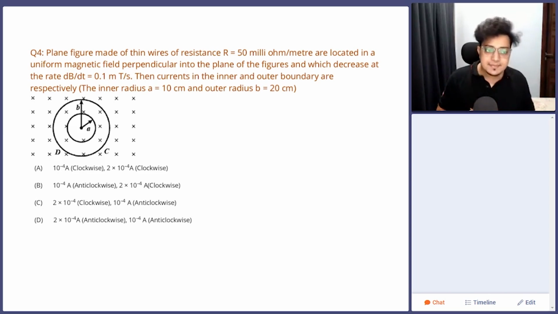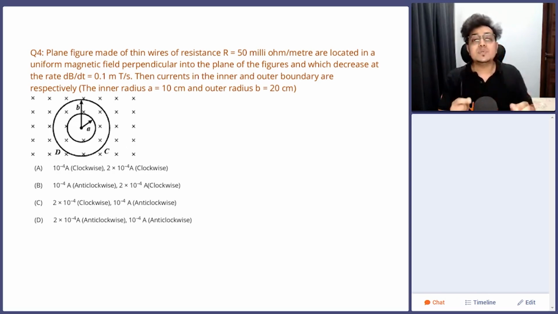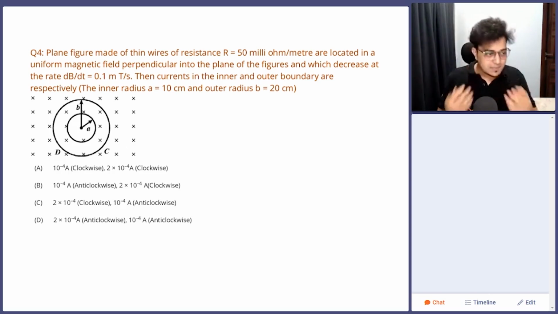In this case, if the magnetic field is decreasing, then flux will change, and when flux is changing, EMF will be induced. As per Lenz's law, it will oppose the way in which flux is changing, so the current will be induced accordingly.